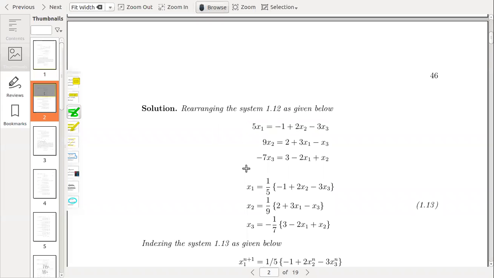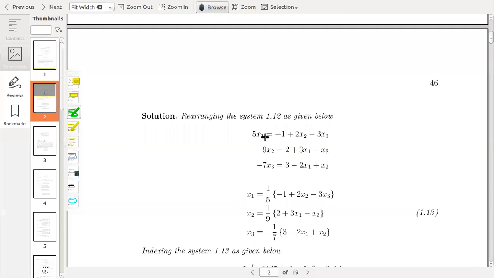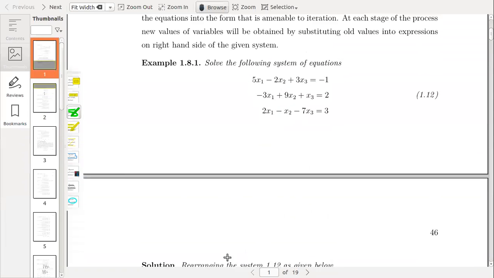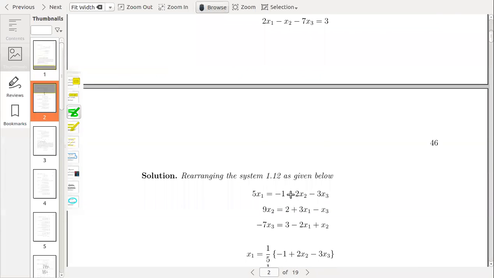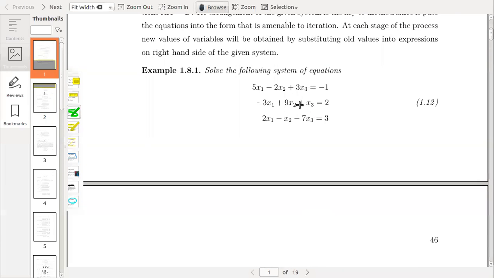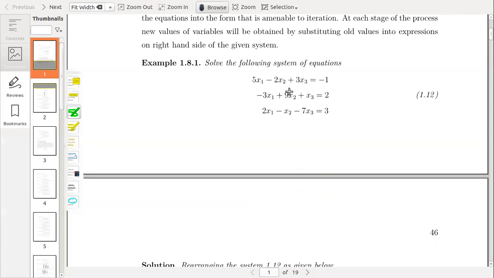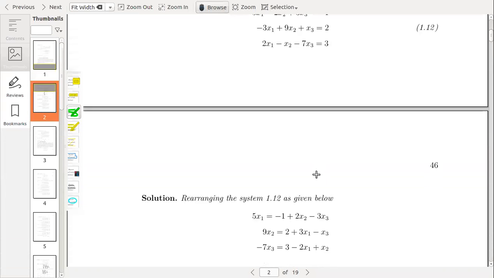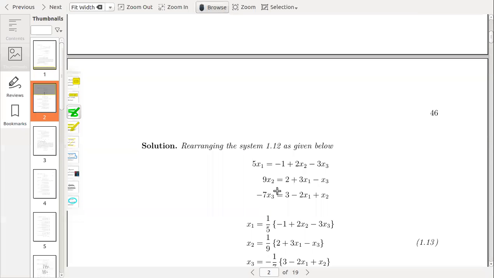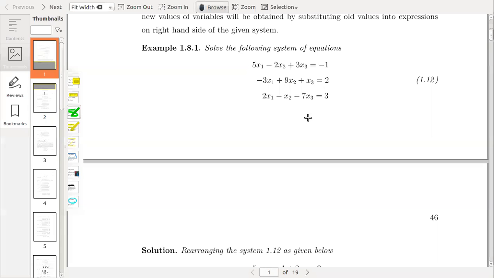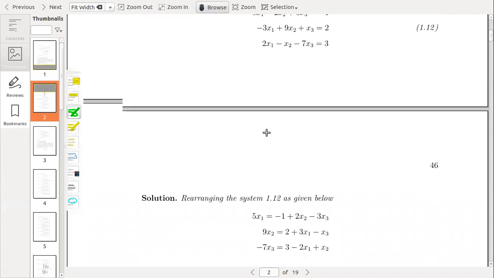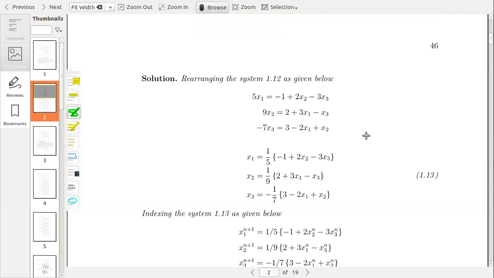So 5x1 = -1 + 2x2 - 3x3, 9x2 = 2 + 3x1 - x3, and -7x3 = 3 - 2x1 + x2.